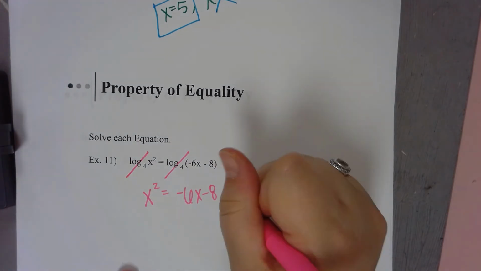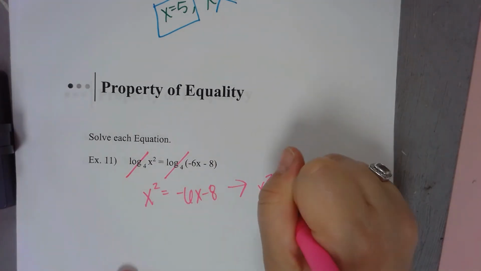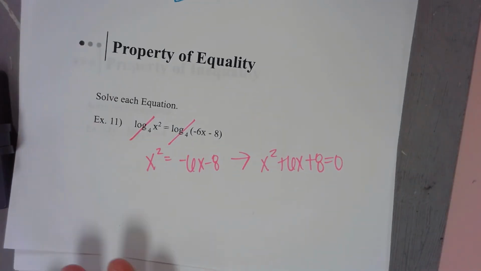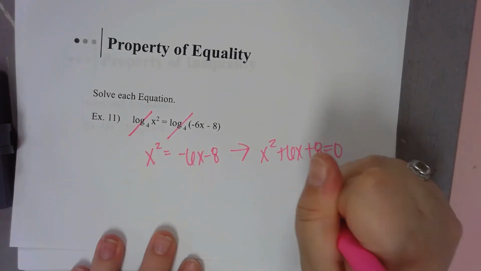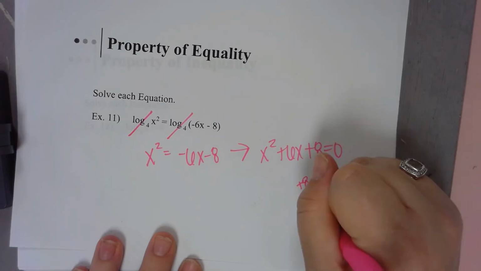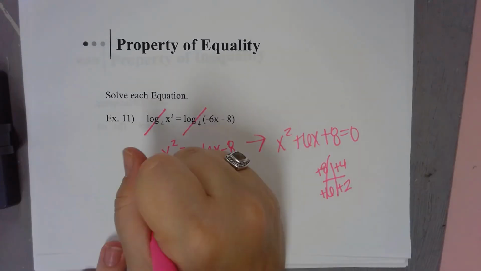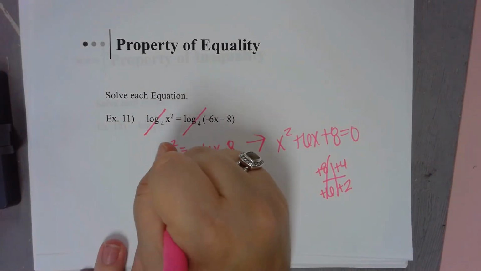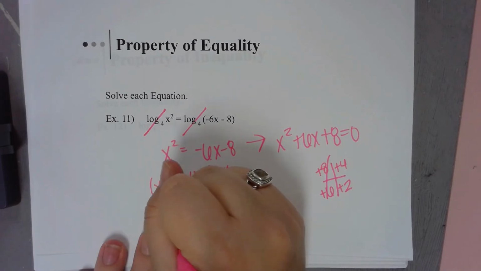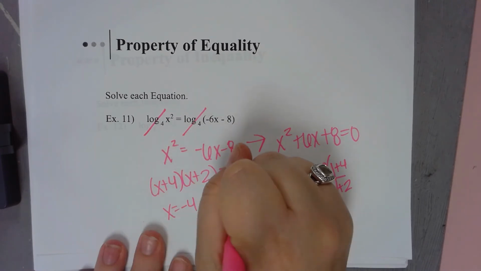I want everything on the same side, so I'm going to add 6x and add 8 so I can set my equation equal to 0. Man box, we have a multiply number of 8 and an adding number of 6, so that's going to be a +4 and a +2. So x equals -4 and x equals -2.